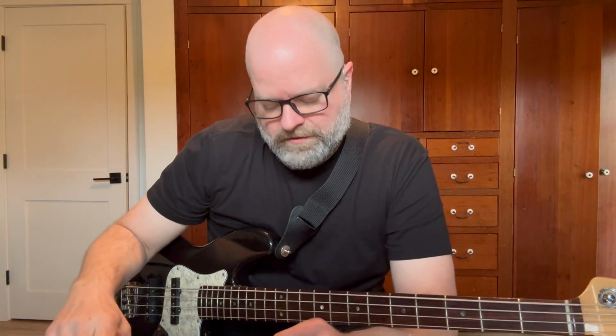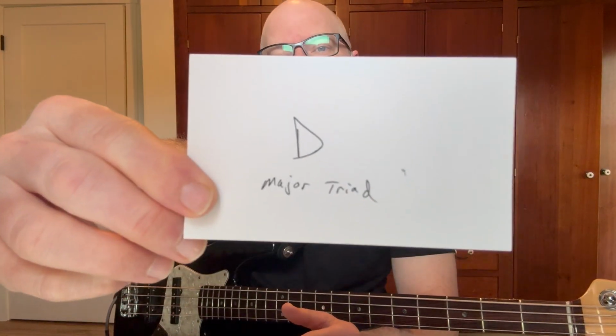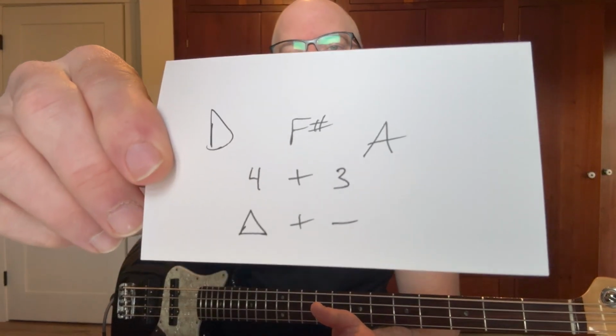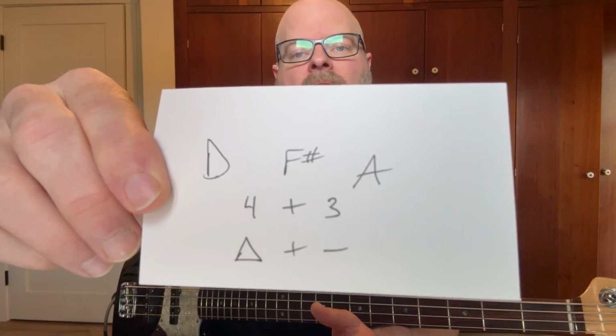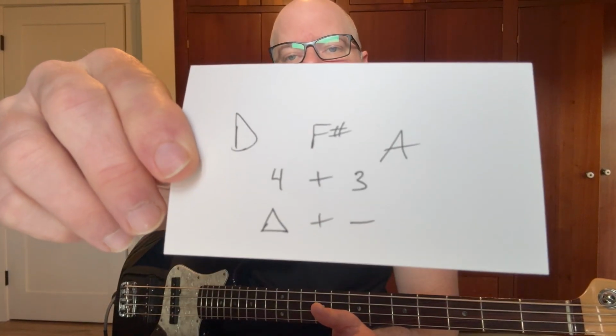So if you do that for every type, like here's a D major triad, and that is a D, an F sharp, and an A, but it's still the same thing. It's 4 half steps plus 3 half steps, or it's a major plus a minor. So the note names will change depending on the note and the scale and the chord you're playing, but the distances and the shapes will always stay the same.